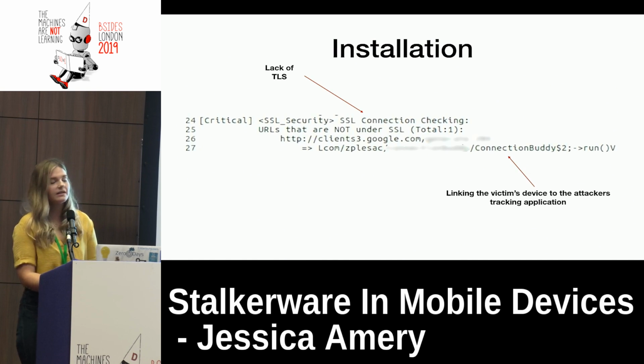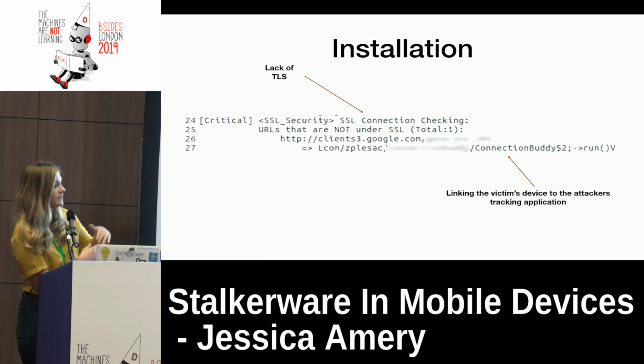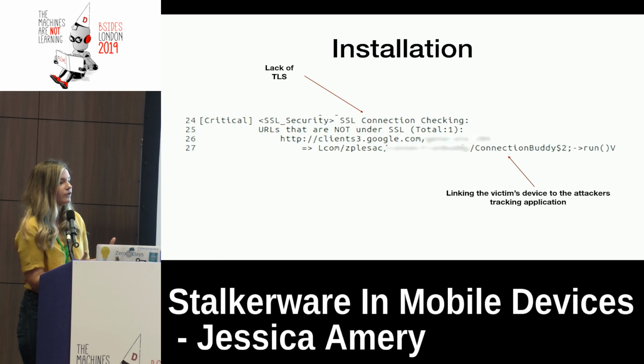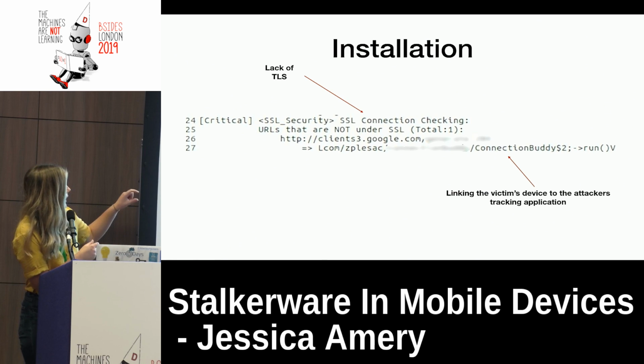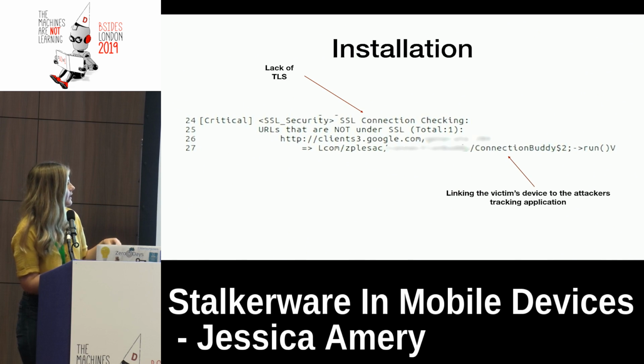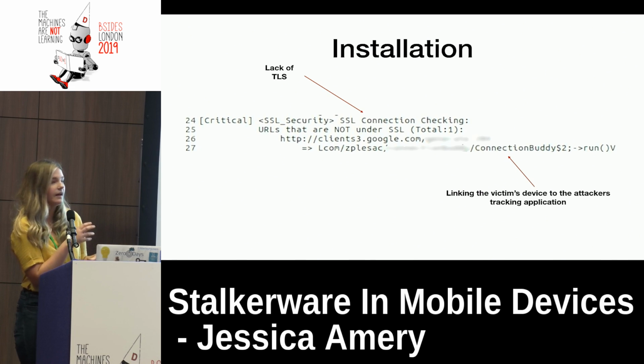The installation, as you can see there, is a screenshot. Again, I've obfuscated this because I don't want to reveal what application this is from, but you have got the lack of the SSL certificate, so you're lacking your TLS. And Connection Buddy there appears to be the function that's linking the victim's device to the attacker's tracking application.